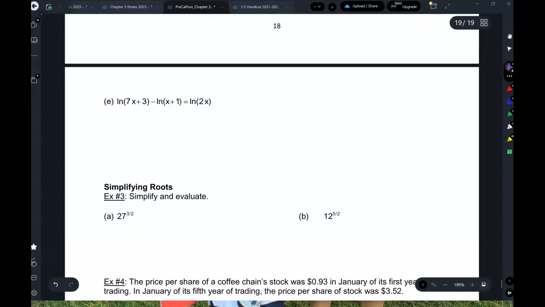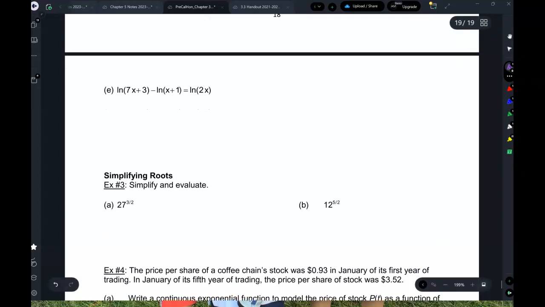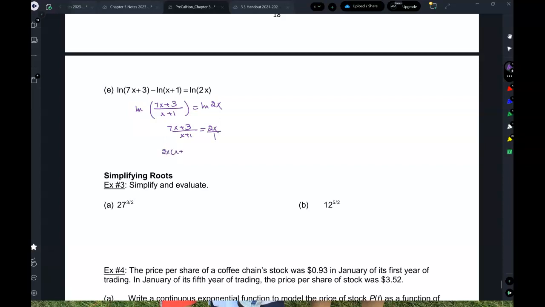Okay, what do you guys suggest we do here? Combine the ln's. So ln of (7x plus 3) over (x plus 1) equals ln of 2x. Then set the insides equal to each other. Cross multiply: 2x times (x plus 1) equals 7x plus 3.